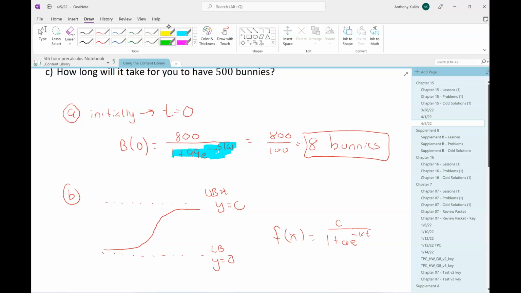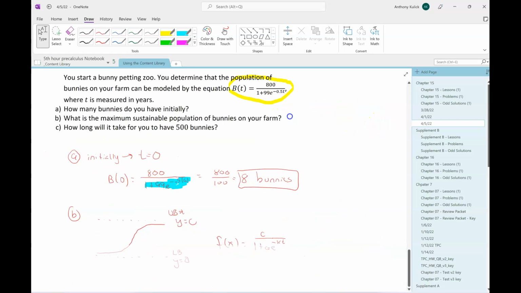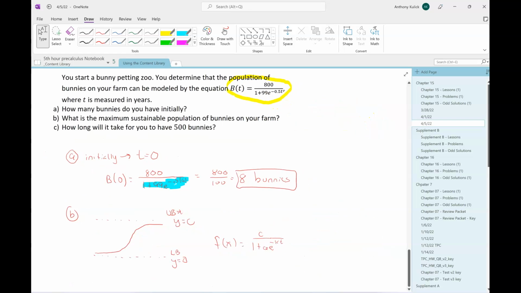Okay. So, let's go back to the function we're using here. We know we're looking for c, y equals c. So what is the c in our equation? Landon. You said the answer already. 800, yes.